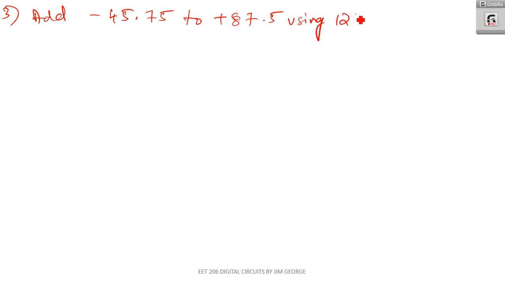So the question is: add minus 45.75 to plus 87.5 using 12-bit 2's complement form.